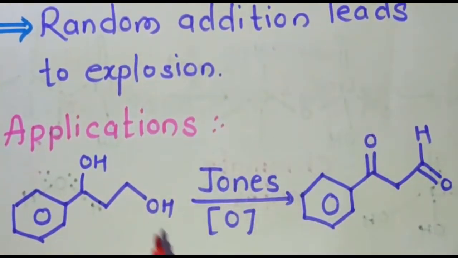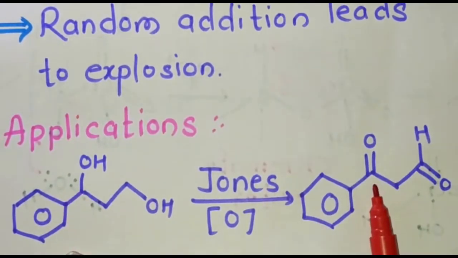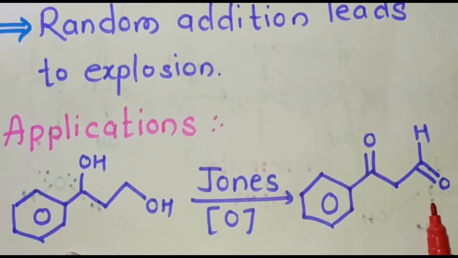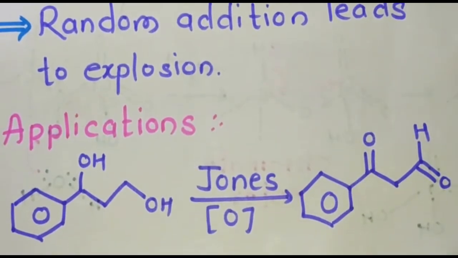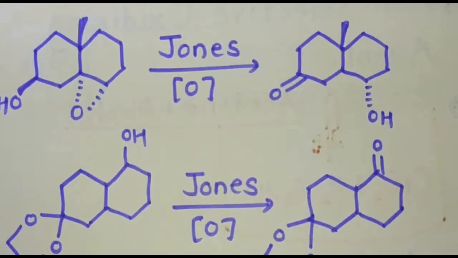In the first example, you can see that this is the secondary alcohol and this is the primary alcohol, but it is a non-selective oxidizing agent. It will oxidize the secondary alcohol as well as the primary alcohol. So the secondary alcohol gets oxidized to the ketone and the primary alcohol gets oxidized to the aldehyde. In the second example, the secondary alcohol is present and the epoxide is present.